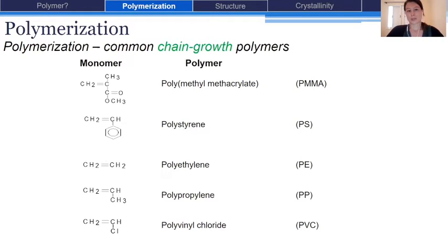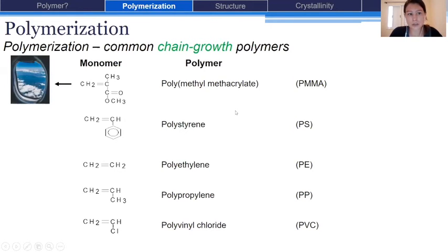Depending on the monomer that we use for the polymerization, we obtain different polymers with different chemical structures. For example, the first example is the monomer methyl methacrylate. After polymerization, we have polymethyl methacrylate, or PMMA.